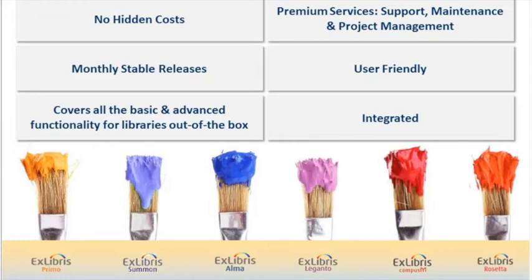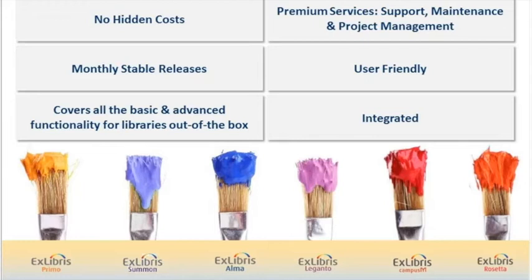So we offer all of these with no hidden costs. We offer all of them with stable releases. In fact, it's not monthly releases for all of them, but it's stable releases for all of them and monthly releases for some of them. Our products cover all the basic and advanced functionality for libraries out of the box.